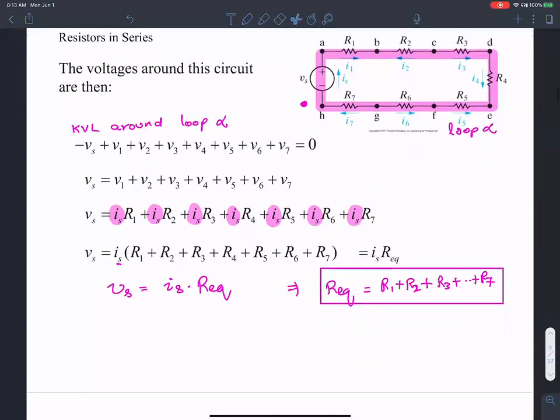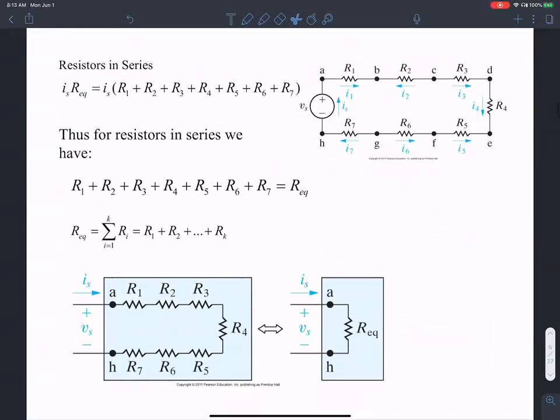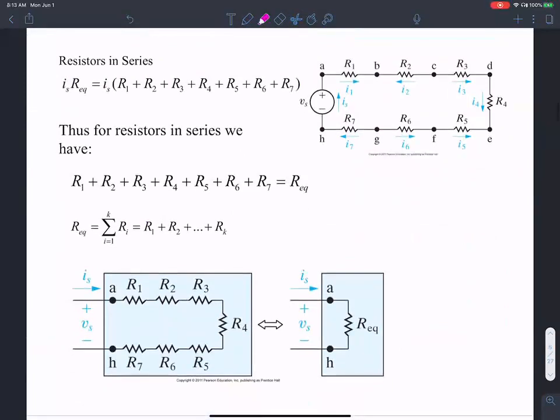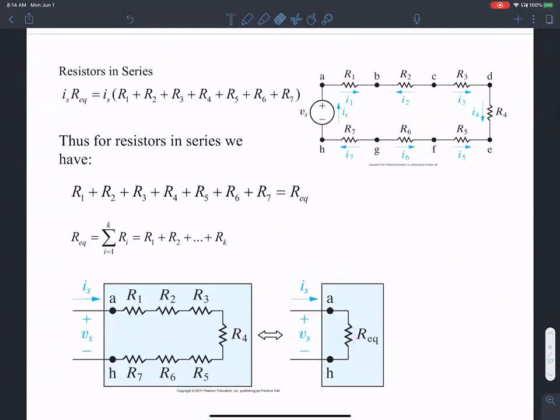So that's the idea of resistors in series. For series, the equivalent resistance is the sum of all the resistances. If there are k number of resistors, then the equivalent resistance is the sum of all the resistances in series.